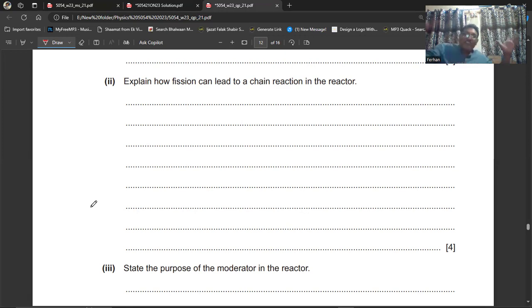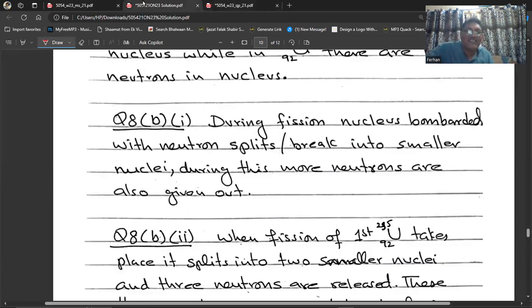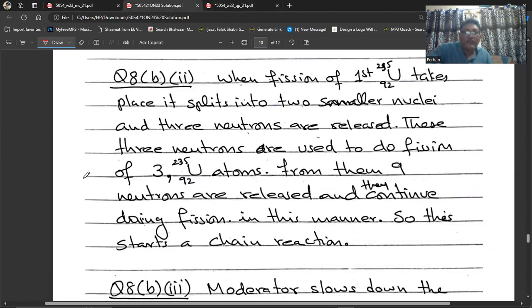So you see this process, once you have started it, goes on because of the production of neutrons during the fission of the uranium, and so this starts a chain reaction. I hope you understand. When the fission of the first uranium-235 takes place, it splits into two smaller nuclei and three neutrons are released.